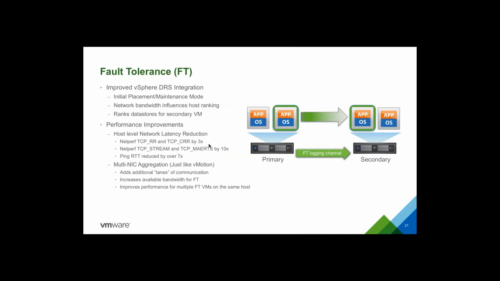So you can get those additional lanes of communication between the primary and the secondary host, giving you even more capability within FT VMs that are producing a lot of bandwidth and a lot of network traffic. You can essentially create these additional lanes. So if you don't have 40 gig networking or 100 gig networking, you can bind multiple 10 gigs together and get the same benefit from that.